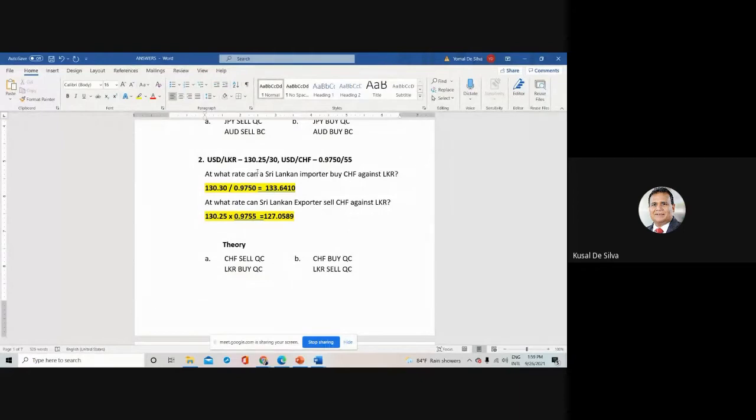It's not a big thing. With the bid rate, the bank will buy the base currency and sell the quoted currency. With the selling rate, the bank will sell the base currency and buy the quoted currency.